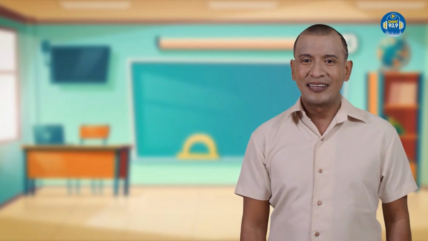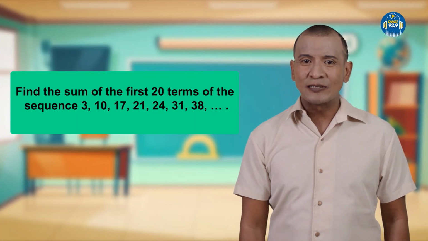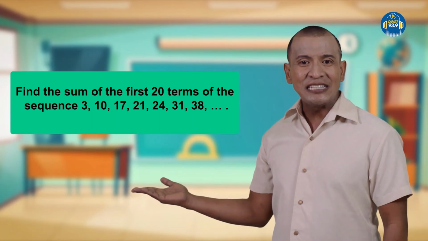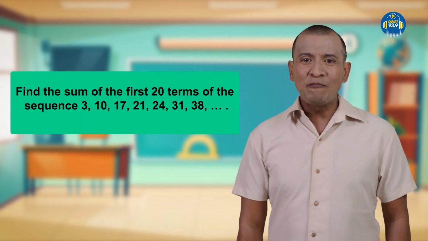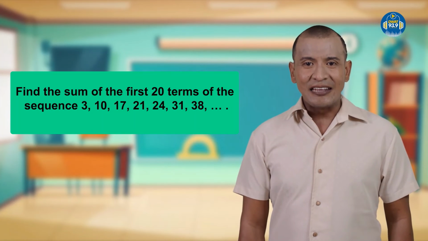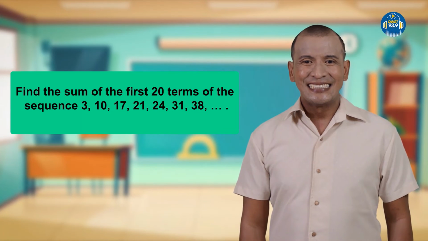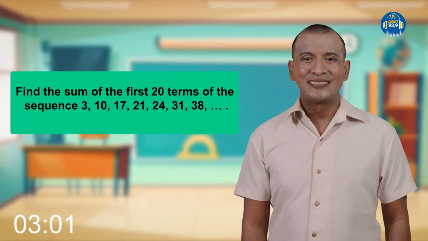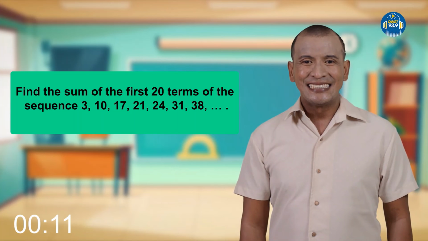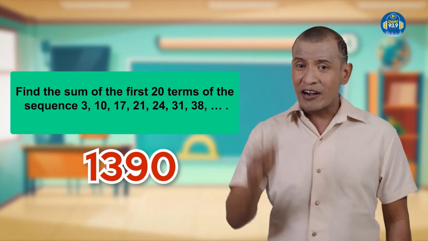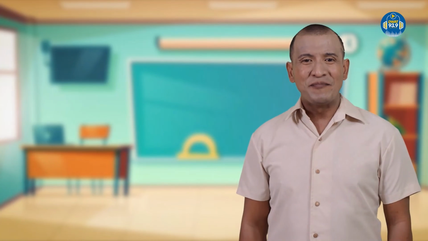Third problem. Find the sum of the first 20 terms of the sequence 3, 10, 17, 21, 24, 31, 38, and so on. What is your answer? If your answer is 1,390, then you are correct. Next problem.